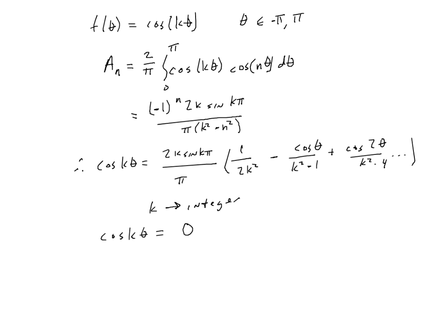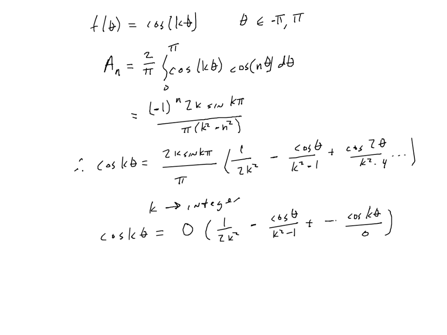Because sine of an integer pi is equal to 0. And then you have 1 over 2k squared minus cosine of theta over k squared minus 1, and then all these other terms, and eventually you're going to get up to a term where it's going to give you cosine of k theta over 0, because you're going to have the integer k squared equal to whatever your n squared is.